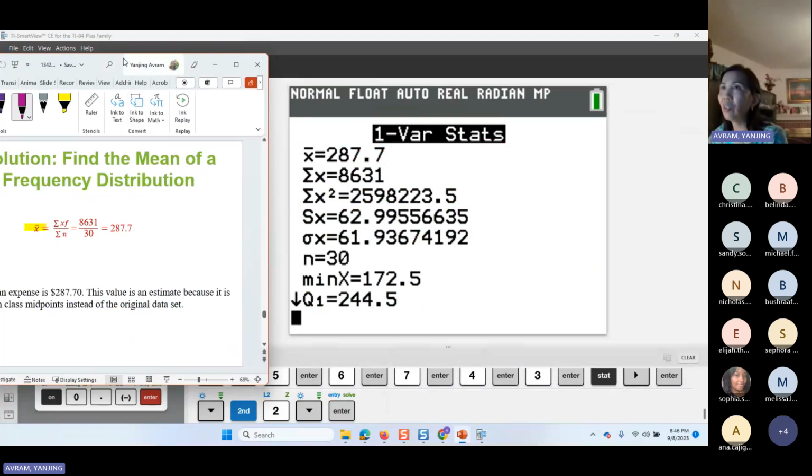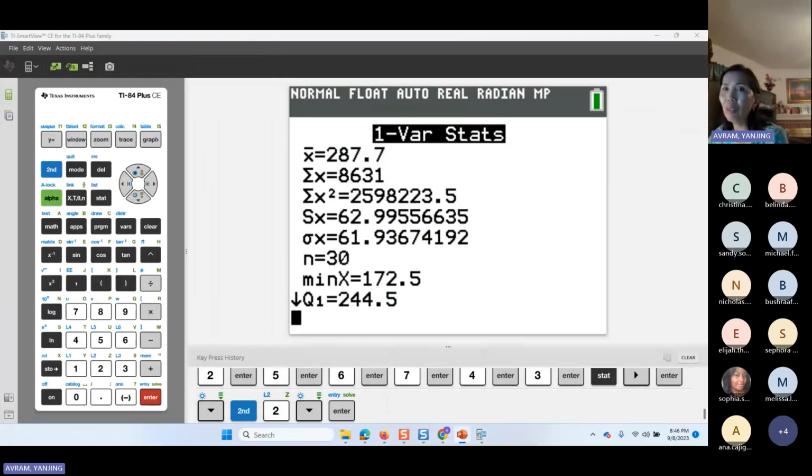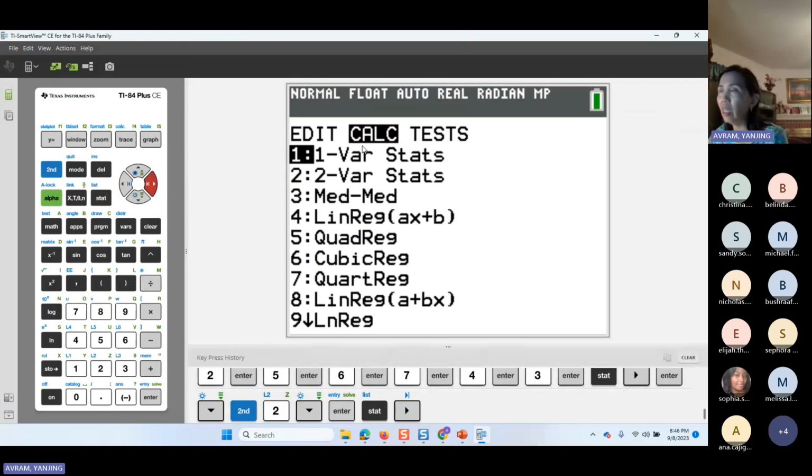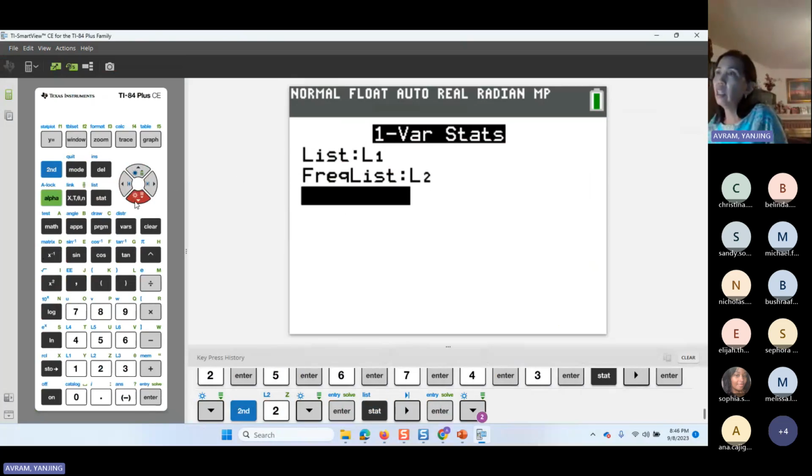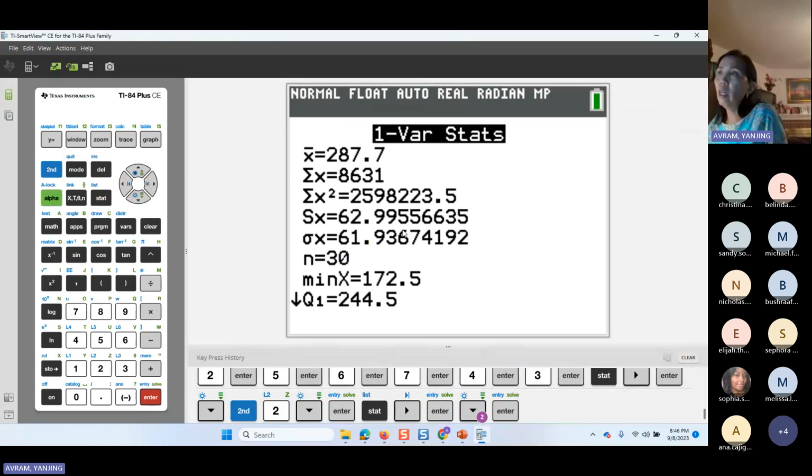So that is a quick and easy way. If you do not want to calculate by hand, the calculator can handle that for you. You just need to go to stat and then calc, move to the calculation, and then use one variable stat, the first one. Just make sure you input your L2 into the frequency list, okay? And hit calculate, and that way this mean becomes the weighted mean.